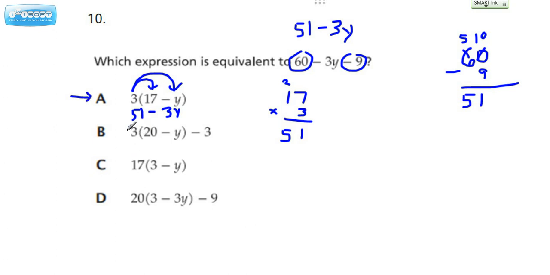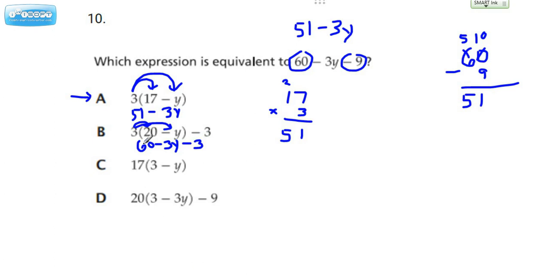So if we take a look at choice B, and we distribute this, 3 times 20 would be 60. 3 times this negative y would be subtract 3y, or negative 3y. And then we have this minus 3.